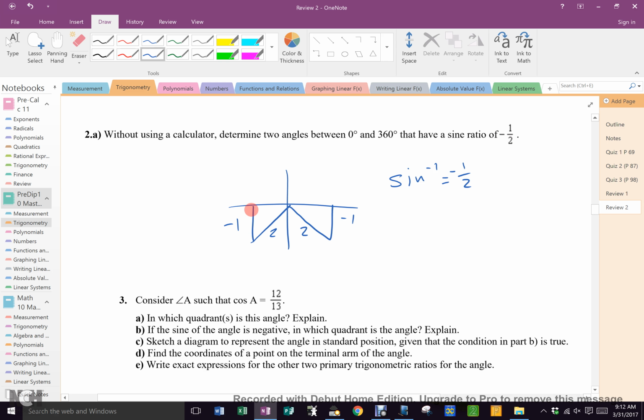So, if this is 1, this is 2, what's this have to be? 1, 1, 2? Nuh-uh. Square root 3. Right? If it's square root 3, 1 and 2, this must be 30.